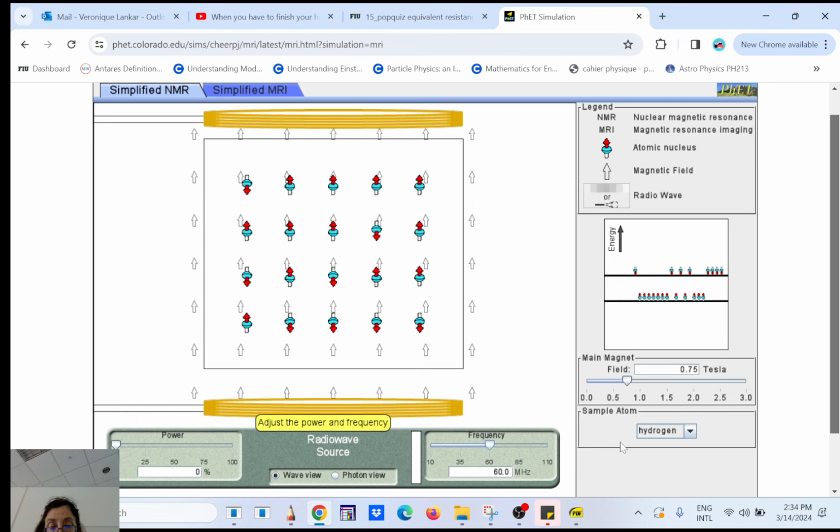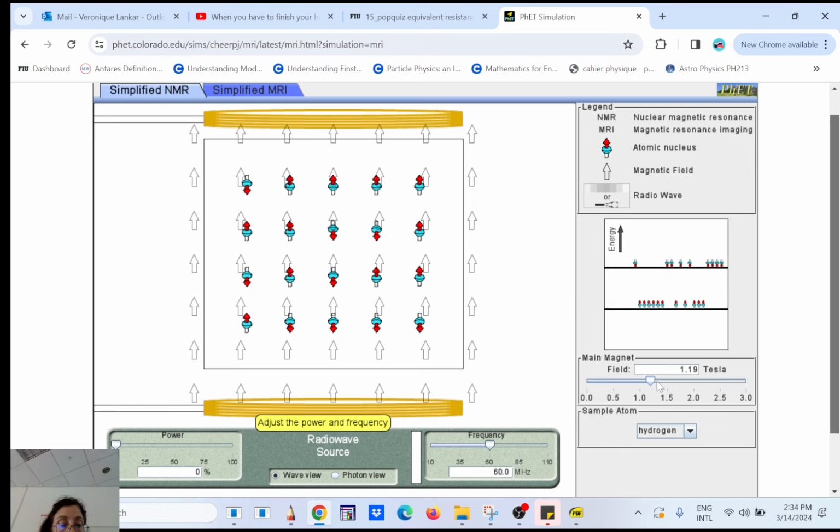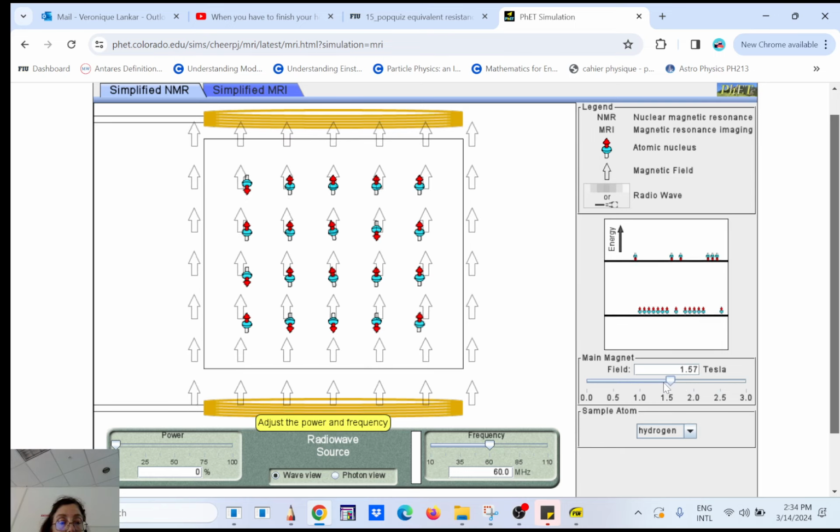So I'm going to increase the magnetic field here. And you see that most of those little bar magnets, you can imagine those hydrogen atoms behave like a bar magnet, will be aligned with the magnetic field, because they want to be at the lowest level of energy. Is that clear?